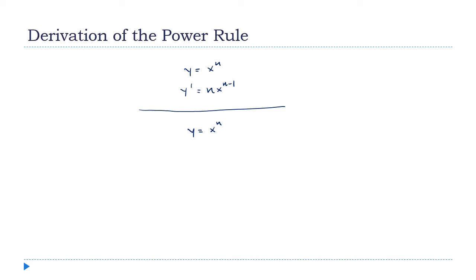Okay, take the logarithm of both sides. Doing that, I get the log of y equals the log of x to the n. Now let's simplify this right-hand side. The log of y equals n times the log of x. Good. Now, let's differentiate.